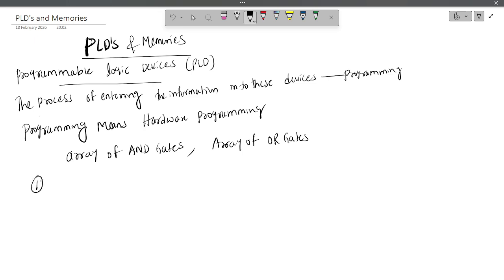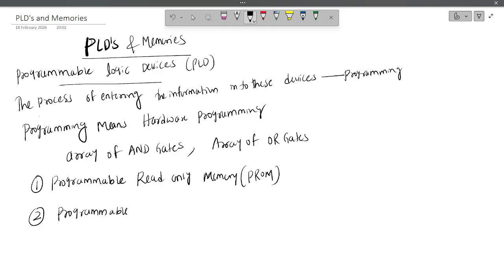One is programmable read-only memory, which we call PROM. The next one is programmable array logic.